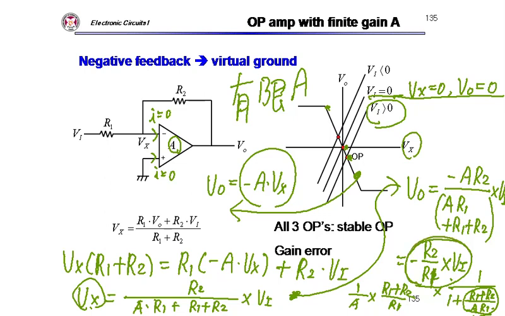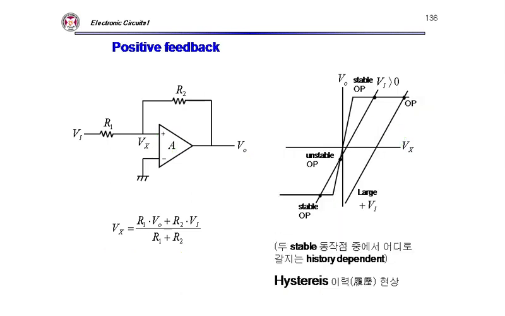If you use a virtual ground approximation, you can get this equation, right? I have some gain error, 1 plus this term. Question? No? Okay. So if I have a positive feedback, what happens?